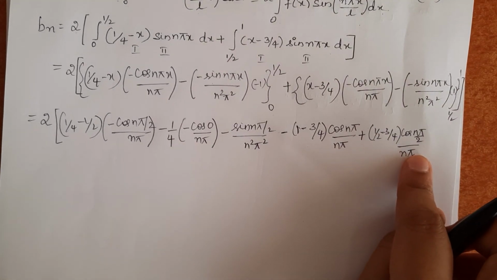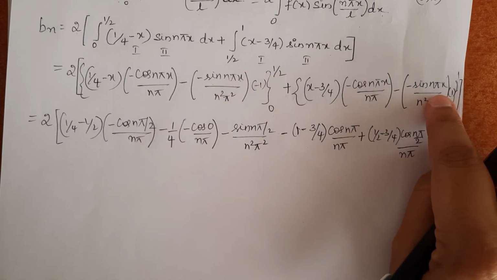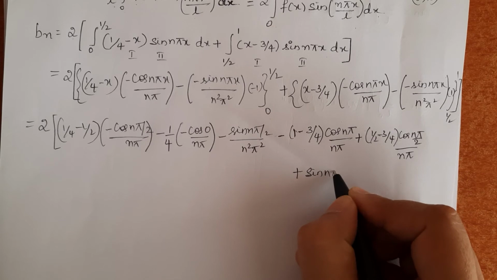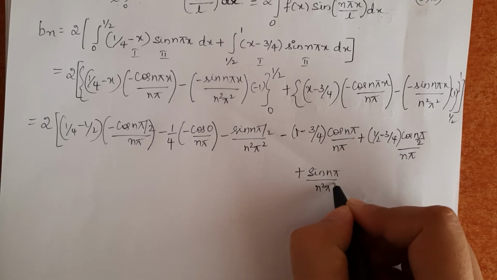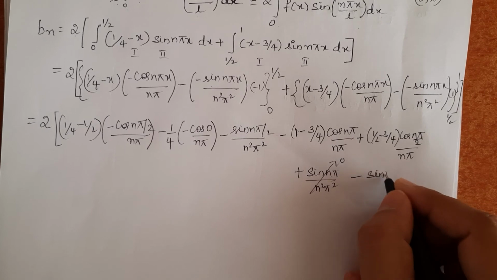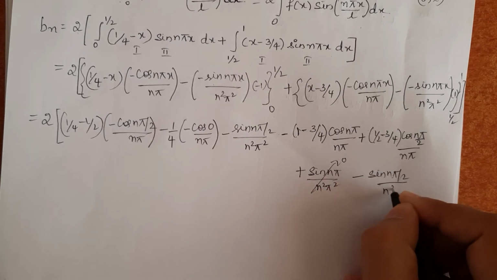This is the lower limit value. Then for the last term, minus into minus will be plus; the upper limit is sine n pi divided by n square pi square, which is 0, minus the lower limit, sine n pi by 2 divided by n square pi square.